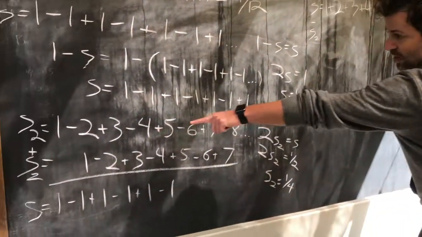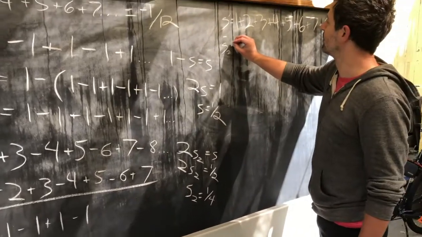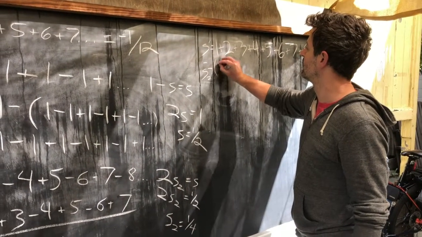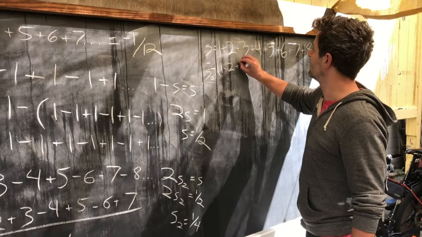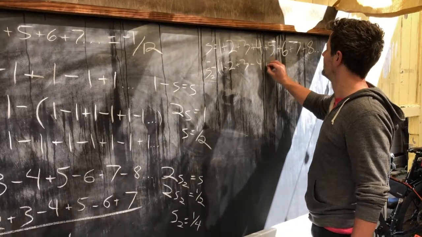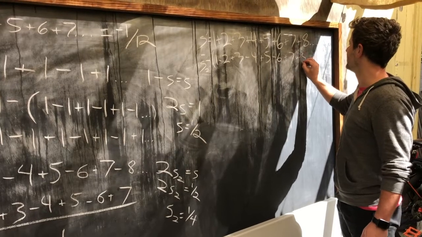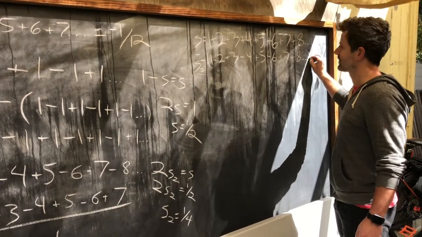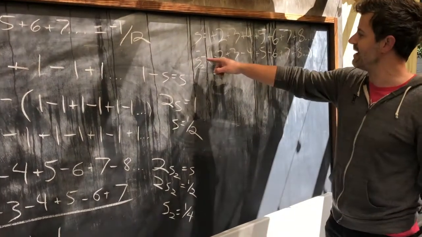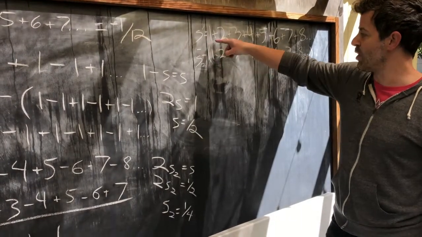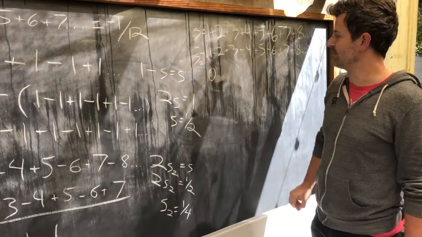This one down here, 1 minus 2 plus 3, right? So we're going to subtract 1 minus 2 plus 3 minus 4 plus 5 minus 6 plus 7 minus 8, etc. So we have 1, distribute the negative, 1 minus 1 is 0.